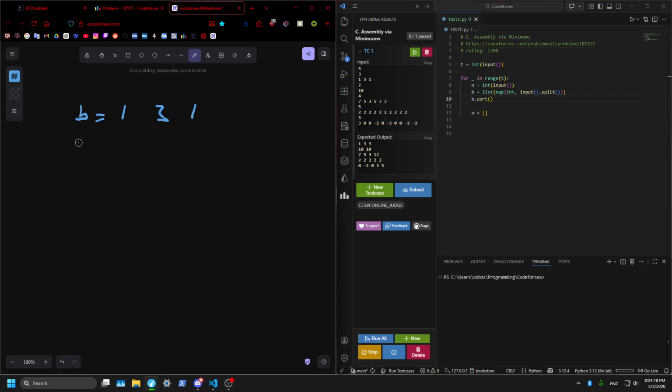Sorted is 1, 1, 3. How do we find A from this?